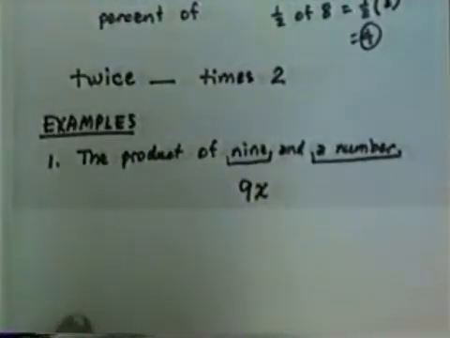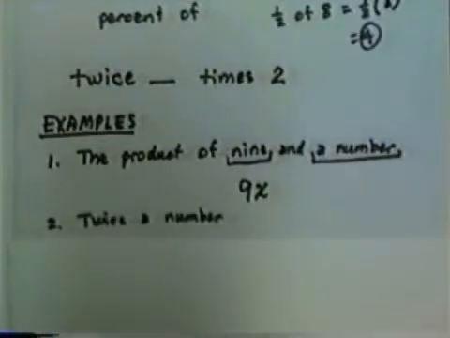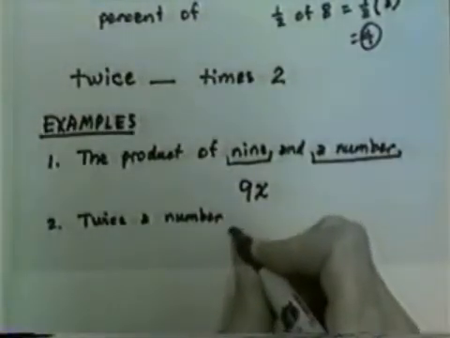Remember that in multiplication there's no need to put a symbol between the coefficient and the variable to mean multiply. The product of 9 and a number is 9x. Next example, twice a number. Twice, you remember, means times 2. Twice a number means 2 times the number. So let's write that as 2x.